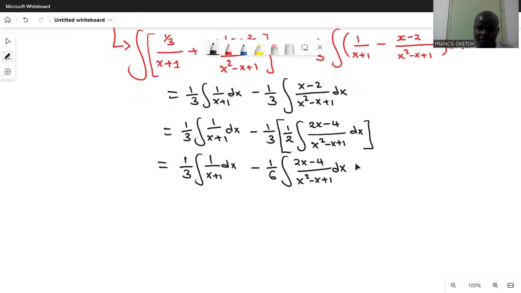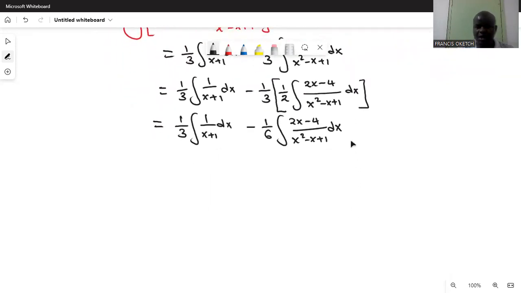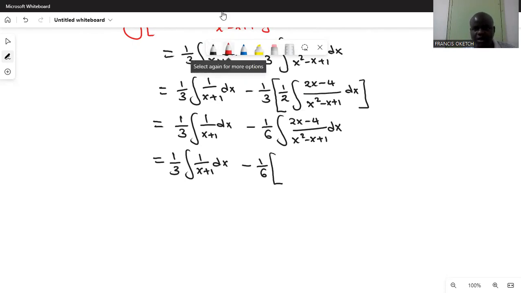Now, the second integral still can be written as, let me write everything. So this is the same as 1 over 3, the integral of 1 over x plus 1 dx, minus 1 over 6. That integral can be written as, because you know that 2x minus 4 is the same as 2x minus 1 minus 3.